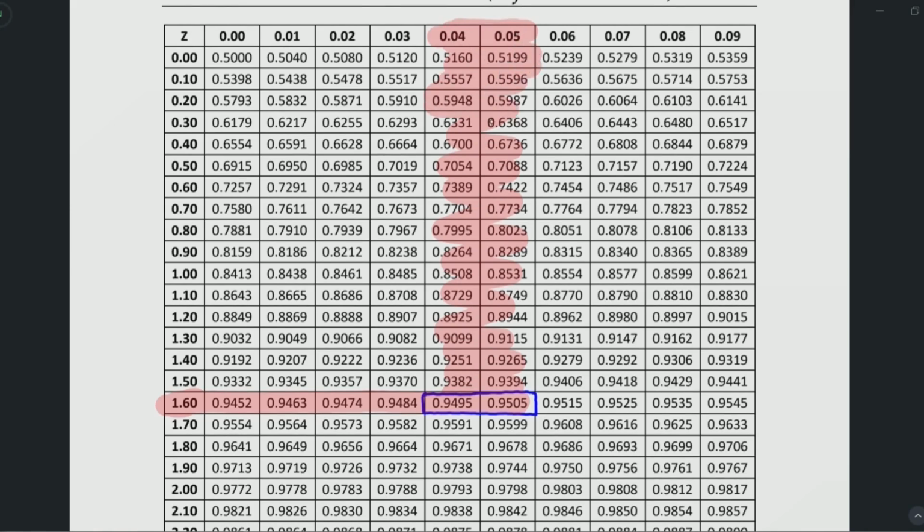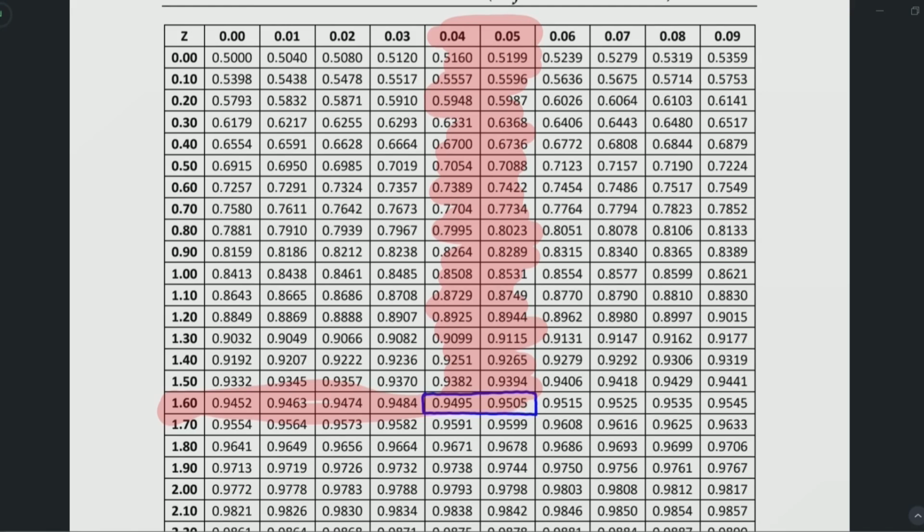So we go to the row heading. The row heading will be 1.60 and the column headings are 0.04 and 0.05. So the combination will be 1.64 and 1.65. We need to find something between 1.64 and 1.65.